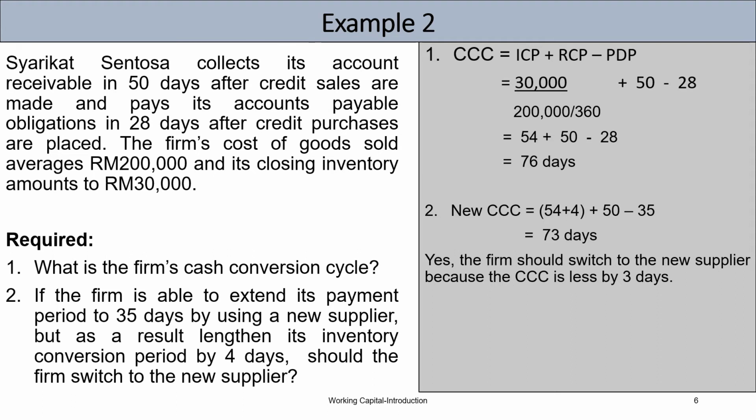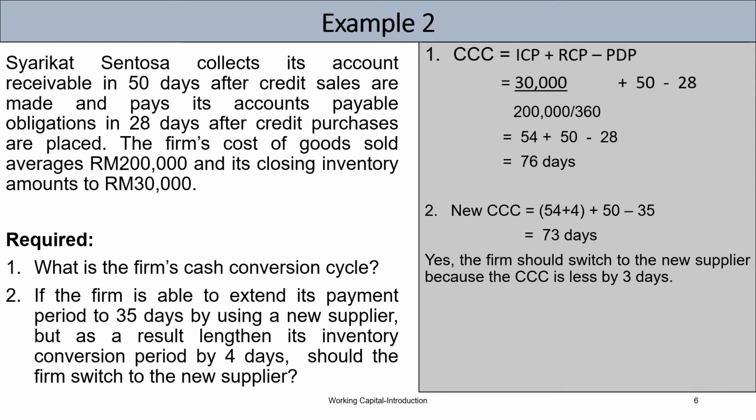Okay, question number 2. If the firm is able to extend its payment period to 35 days by using a new supplier, but as a result, lengthen its inventory conversion period by 4 days, should the firm switch to the new supplier? All right, the new CCC. In this question number 2, it's given that it lengthens its ICP by 4 days.